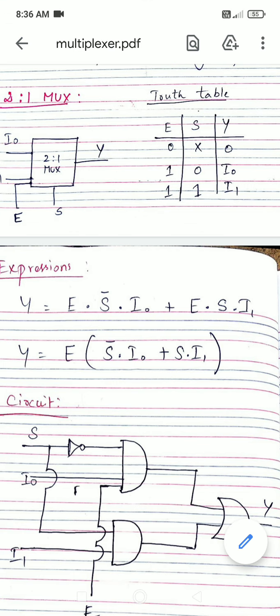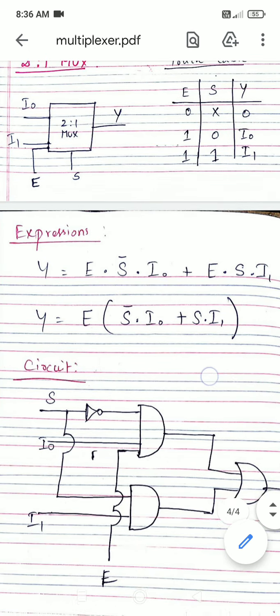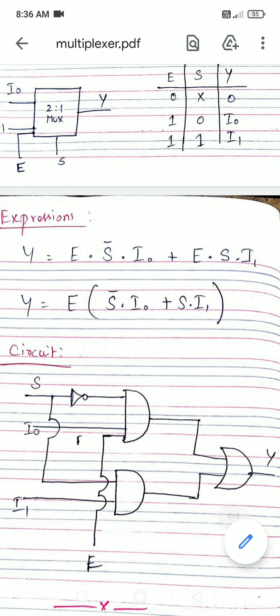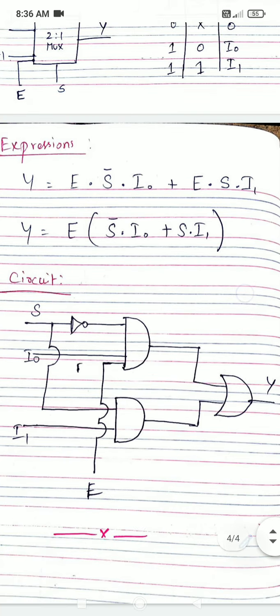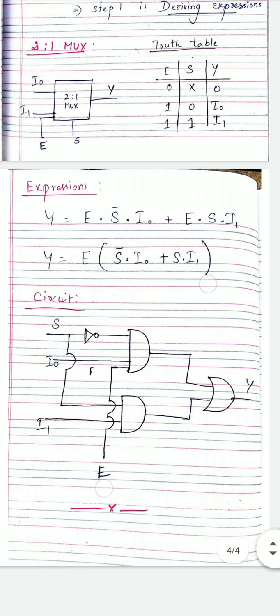Now in both terms E is common, so I have taken it common, and in between I have S dash into I0 plus S into I1. Now for the 2 cross 1 multiplexer, the expression derived is Y is equal to E into S dash into I0 plus S into I1. That's all. So now simple AND gates and OR gates are used for constructing this 2 cross 1 multiplexer.